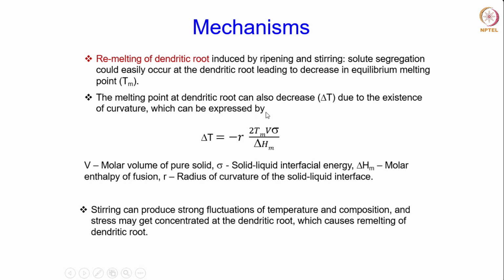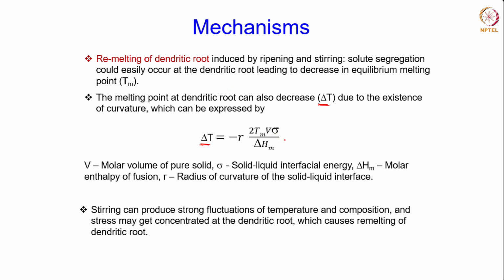Okay, and due to this decrease in the melting point, it can actually lead to a curvature, which can be expressed by this particular expression over here, where delta T is that difference or the decrease in the melting point due to the solute segregation.